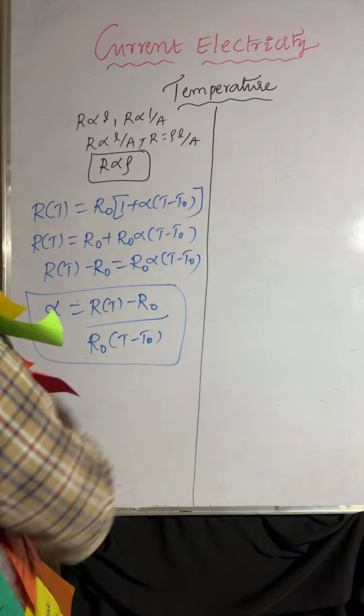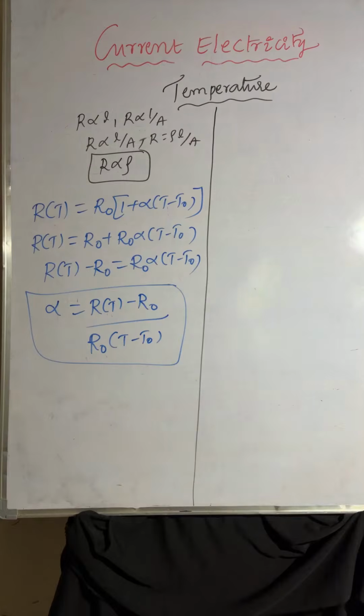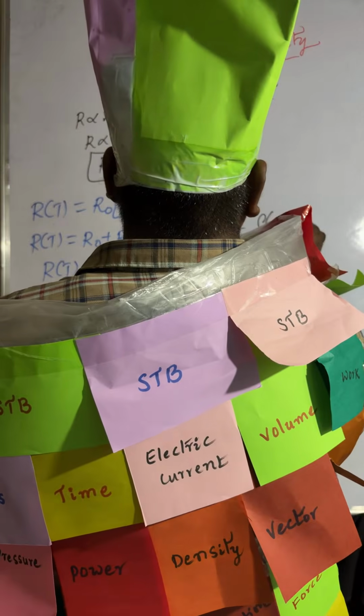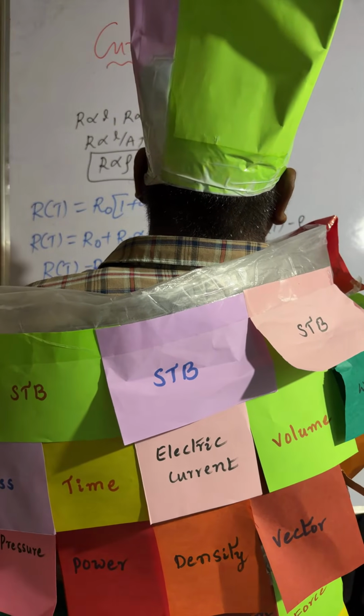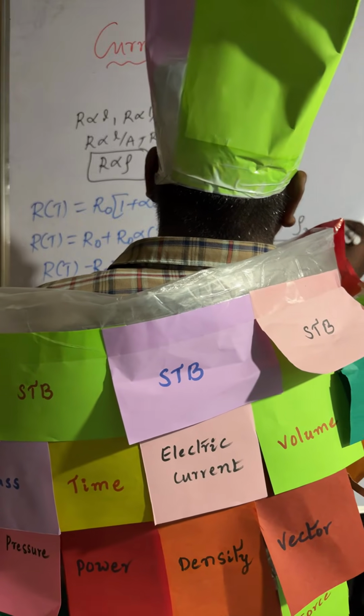So alpha is the temperature coefficient of resistance. Understood or not? Yes or no? Now by that we can also write alpha equal to rho T minus rho naught by rho naught into T minus T naught.